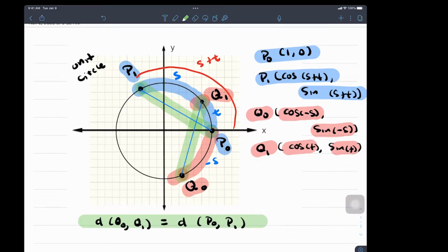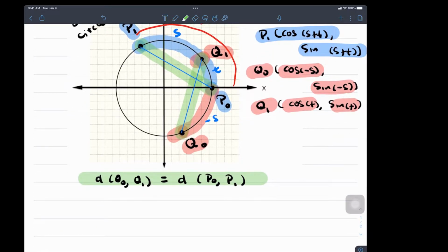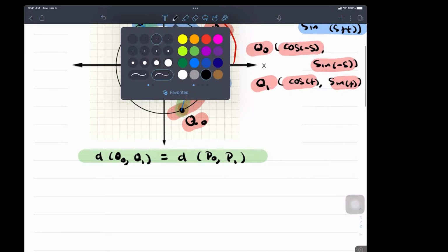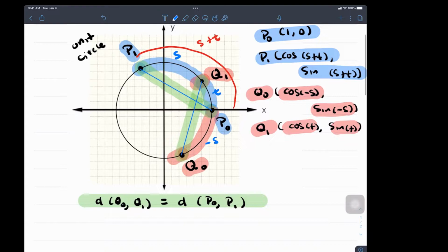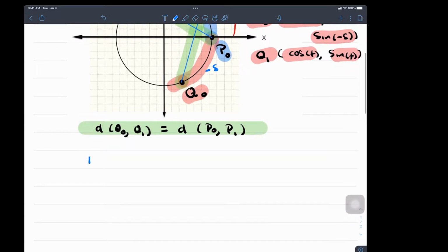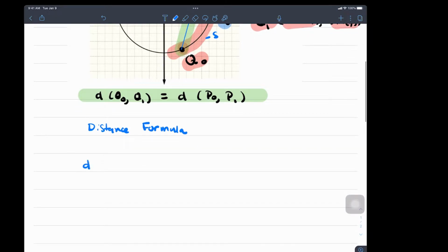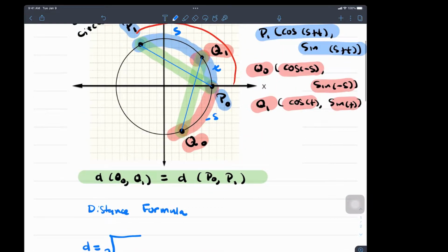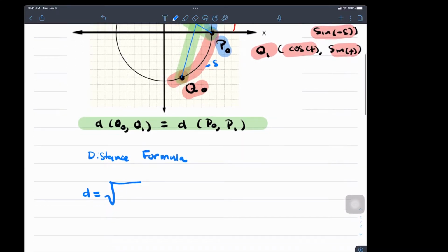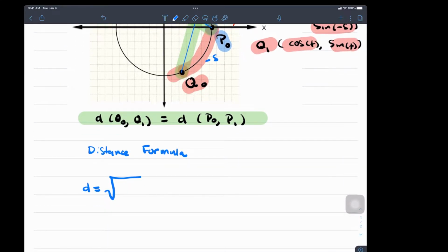And so we're going to go back a little bit to geometry now that we know these coordinates. Remember, what's this D? Do you guys know what that D is? Anybody know what this D is, by the way? This is the distance formula. And that distance formula, D here, is for the Q's. So we focus on Q naught and Q1. If you guys remember the general distance formula, let me write that down.